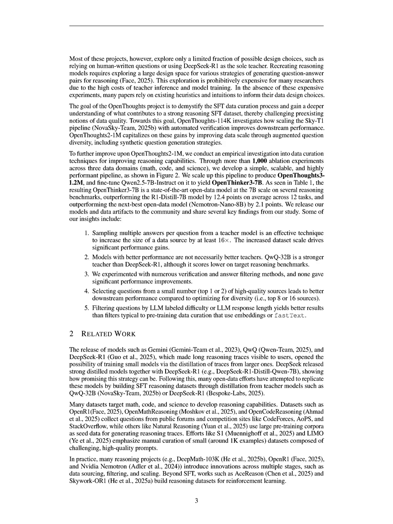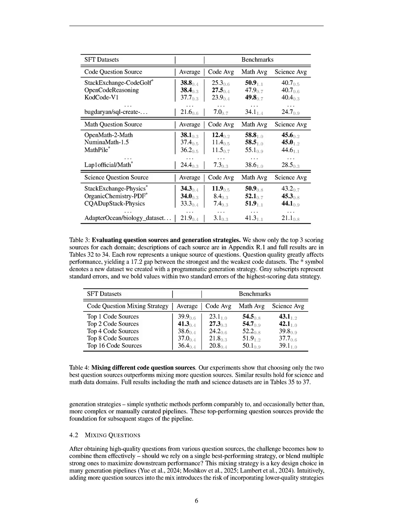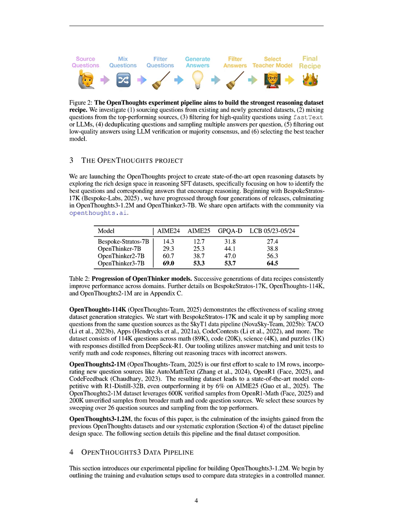The OpenThoughts project achieved significant advancements with the resulting model, OpenThinker 3-7b, outperforming the R1-7b model by an average of 12.4 points across 12 reasoning tasks. This performance was attributed to the systematic exploration of data curation techniques and the scaling of the dataset to 1.2 million samples, which included 850,000 math, 250,000 code, and 100,000 science data points.